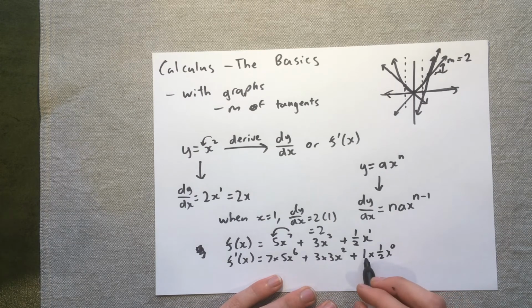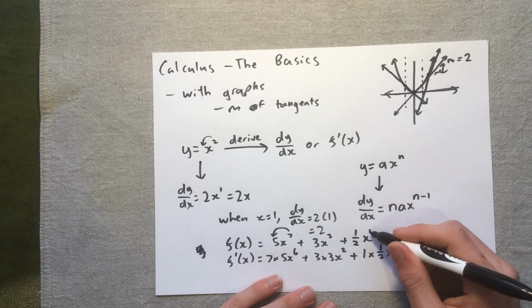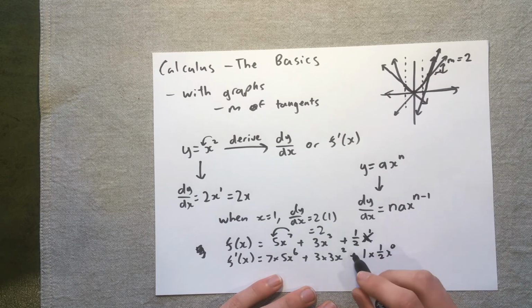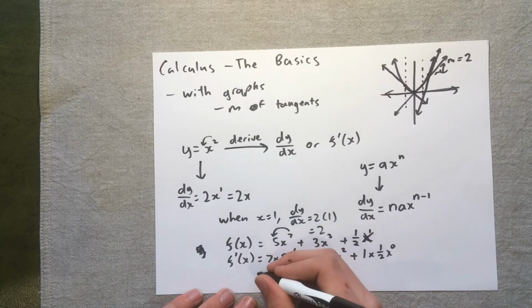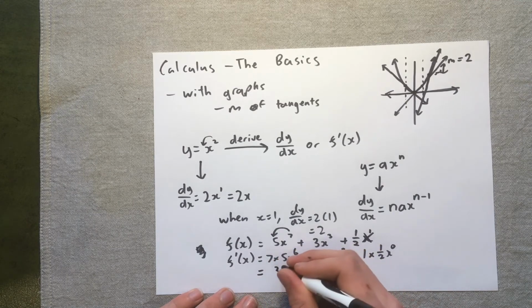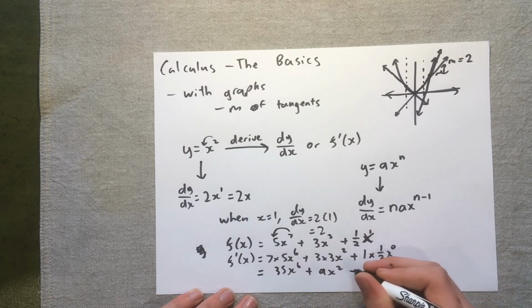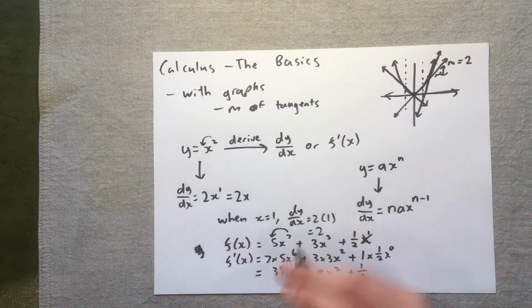So this is actually just going to be 1 times a half times 1. This is just a half. So whenever you're deriving a function and you've just got x with no power, you can essentially just cross this out, and you can just keep the coefficient as the derivative. So tidying this up, we're just going to get 35x to the 6 plus 9x squared plus a half.